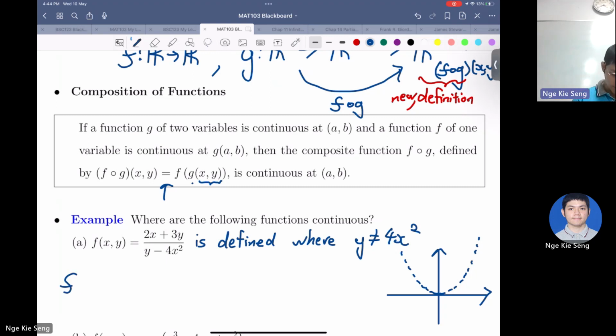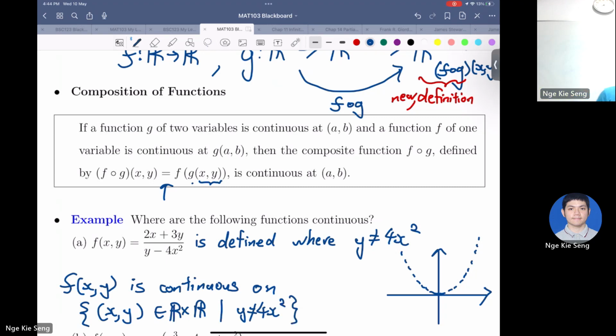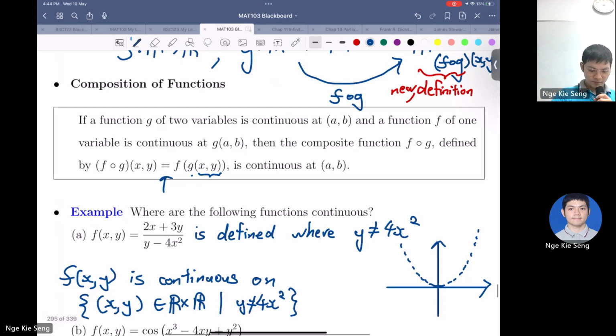So f(x,y) is continuous away from the parabola. So how do we write this? It's the set of (x,y) in R cross R such that y is not equal to 4x squared. Okay, makes sense.